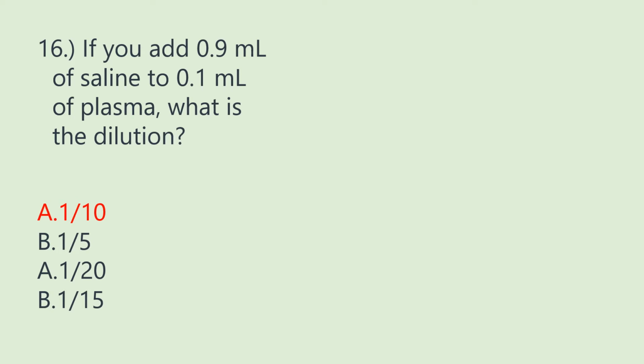Number 16, if you add 0.9 ml of saline to 0.1 ml of plasma, so what is the dilution? So dilution is equal to the volume of solute over total volume of the solution. So volume of solute is 0.1 ml over 0.1 ml plus 0.9 ml.